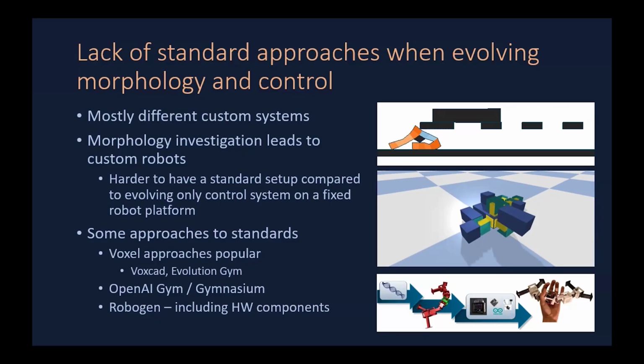Recently, EvoGym was released, which lets you quite easily get up and running evolving soft robots. That's been hugely popular because it was so easy to get started. So that's nice. There are maybe not so many standards when it comes to evolving rigid-body types of systems.